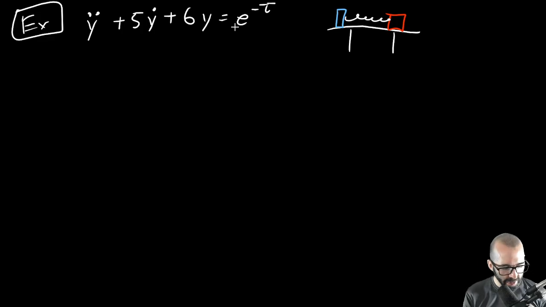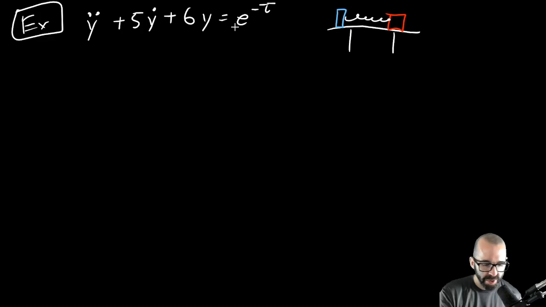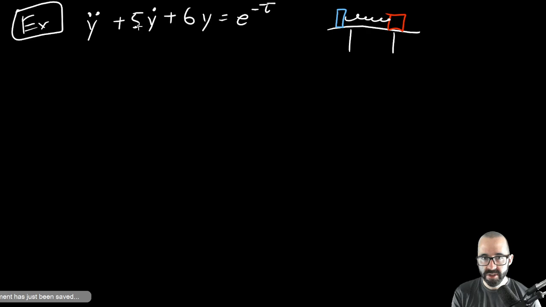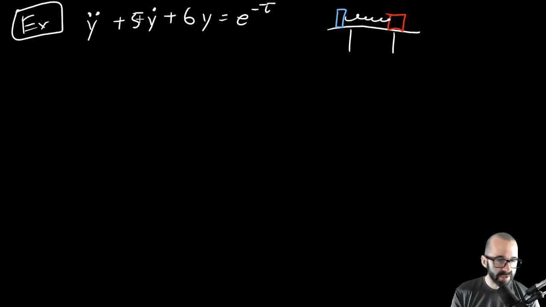But we'll see what we actually get, and we'll have some cool pictures on Desmos as well. Okay, so let's solve it. How damped do you think this is? We'll find out. Remember, if B is relatively large, or in this case, if P is relatively large, it'll be overdamped. If it's relatively small, underdamped. And if it's in that sweet spot, critically damped.